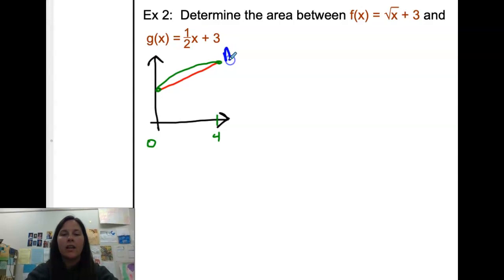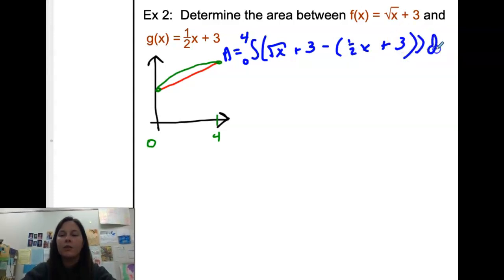We're looking for the area between our two curves as x goes from 0 to 4. We're going to take the curve that is furthest away from the x-axis, the square root of x plus 3, and we are going to subtract the curve that is closer to the x-axis, 1/2 x plus 3.